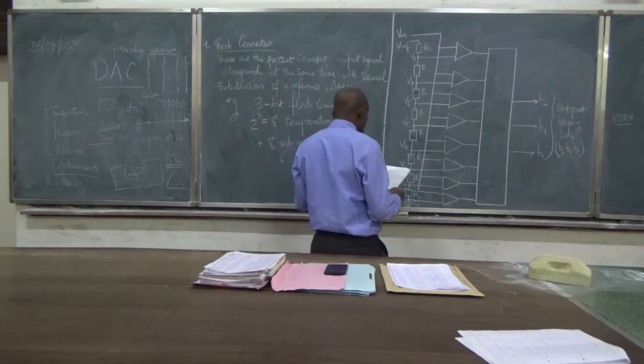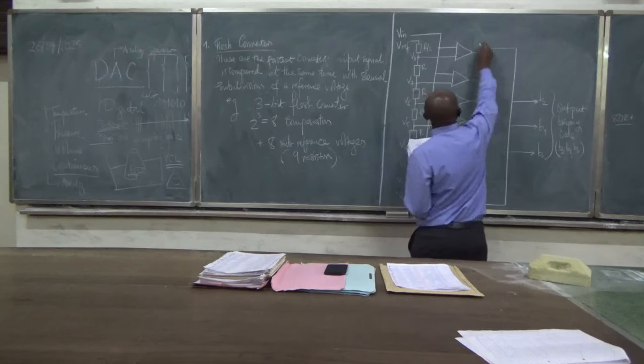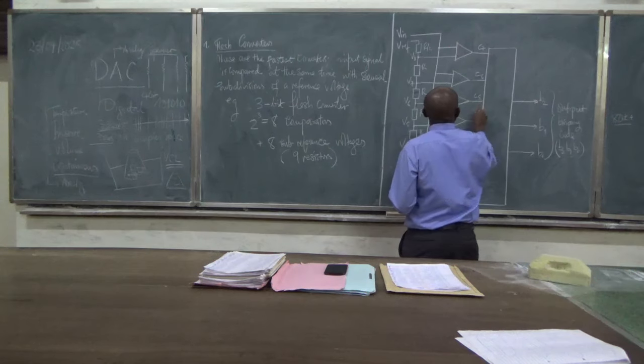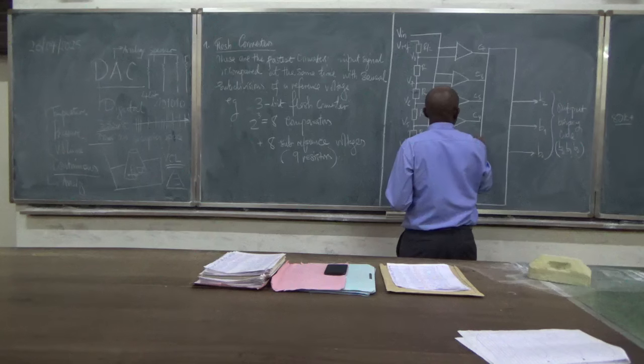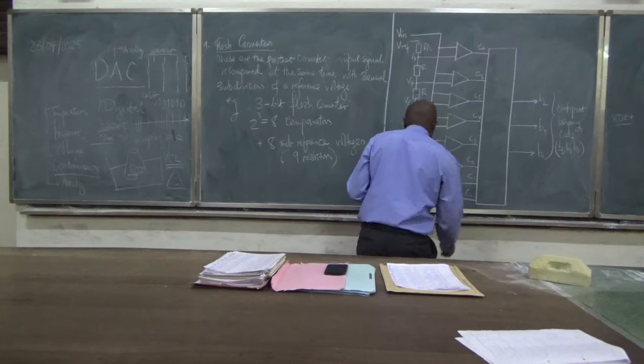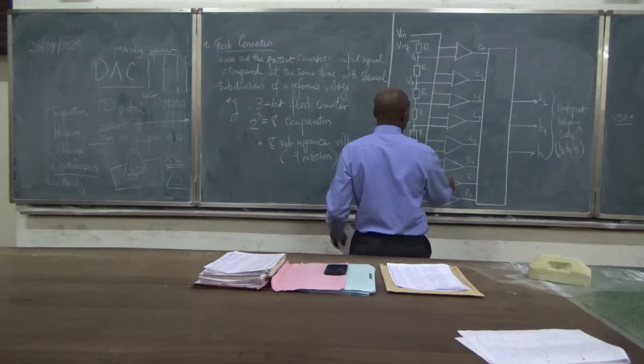And then this one is comparator 7, comparator 6, comparator 5, comparator 4, comparator 3, comparator 2, comparator 1, and then comparator 0.